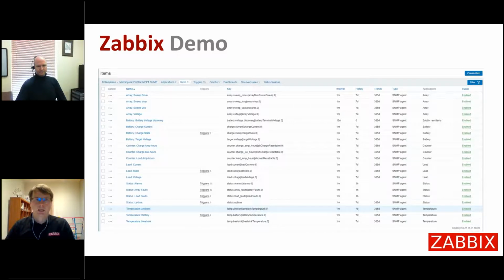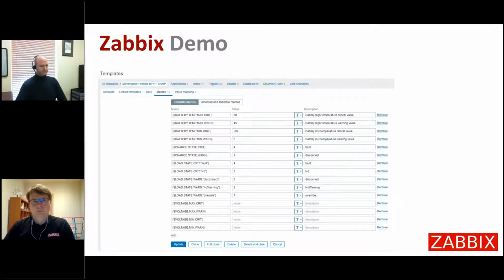And then if we move on to the next slide, you would see how those item metrics are built. So here you will have the list of the metrics and the values. It's important, again, to understand that this was already all pre-built in cooperation between Zabbix and Morningstar.